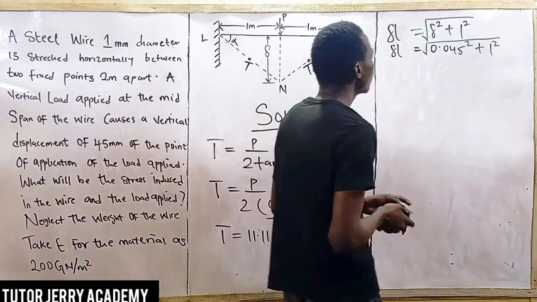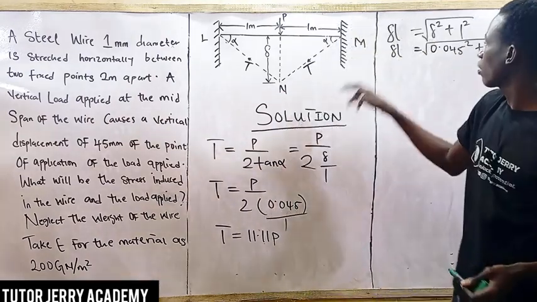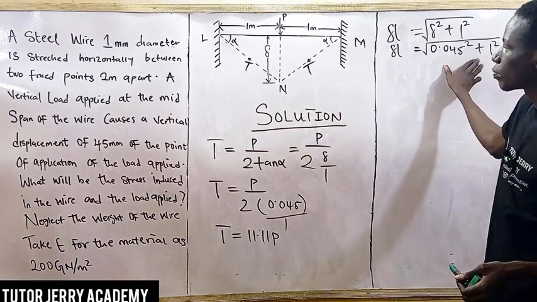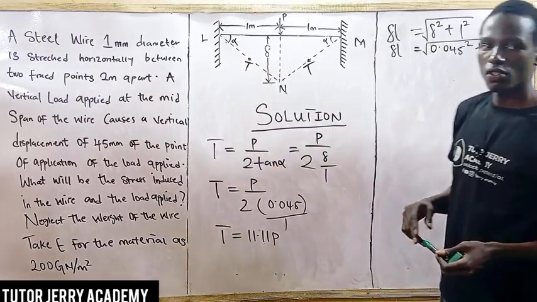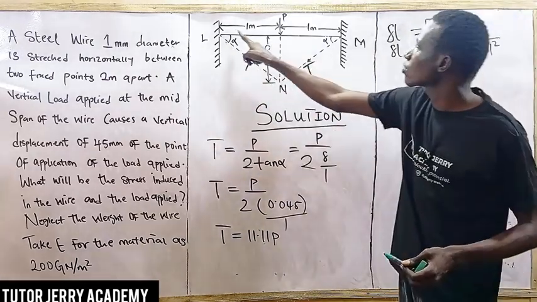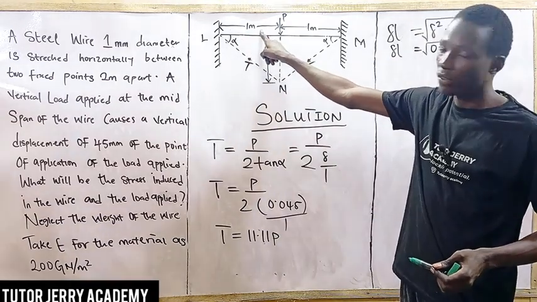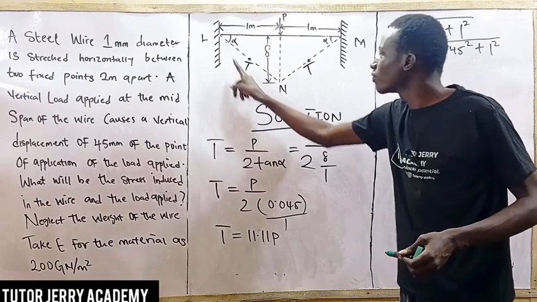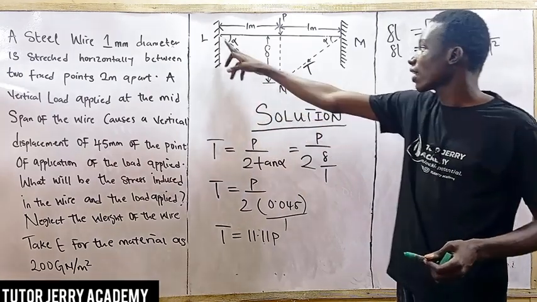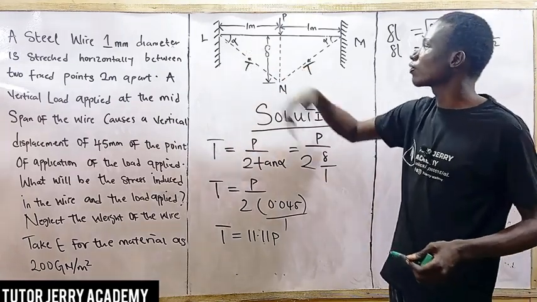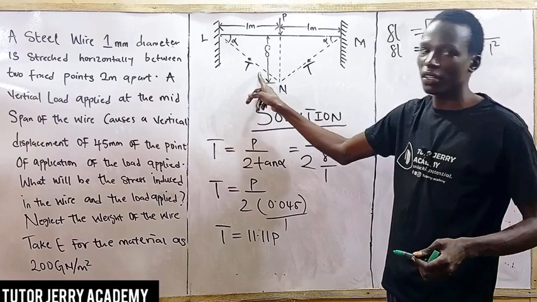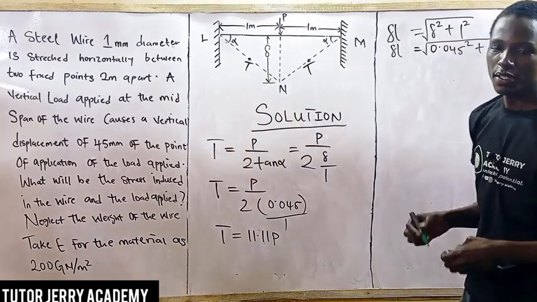When we get the value of this, it will be the length from here to here. Next, we are going to be subtracting 1 meter from the value we get. That is the length we get, which is our change in length. We subtract 1 from it to get the elongation after the load is applied.